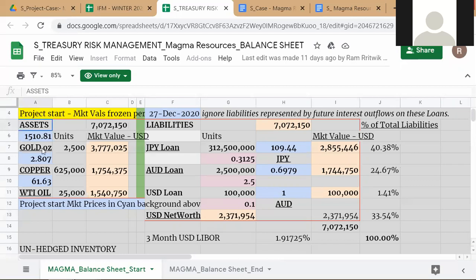You're not seeing any non-current assets, and even in current assets, you're not seeing any cash, and you're not seeing any accounts receivable. Okay, that is a deliberate trick, because the objective of this case and this balance sheet is to teach treasury risk management.